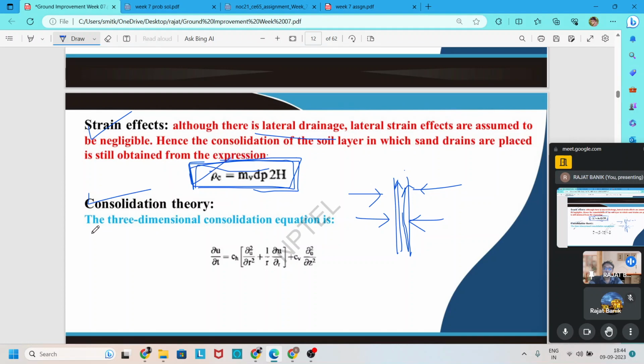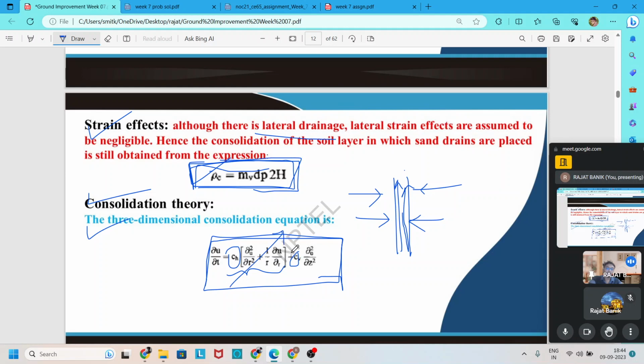Here one formula is given regarding the three-dimensional consolidation theory. A partial differential equation is generated for this, where we apply radial consolidation and also vertical consolidation. If we do not apply vertical drains, then the CH term should be neglected.